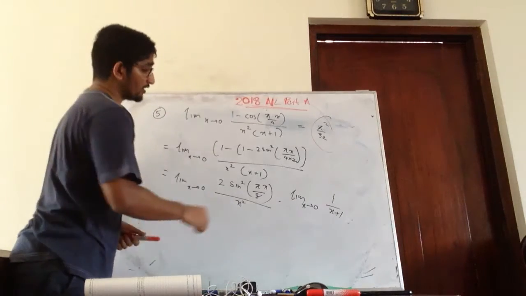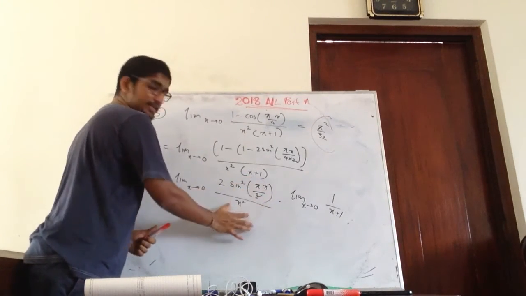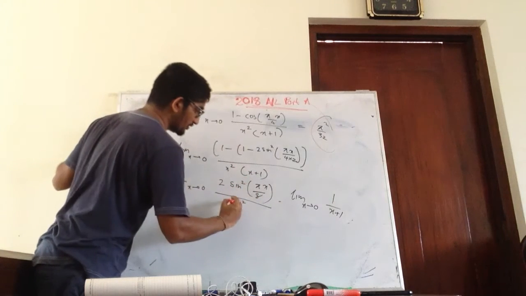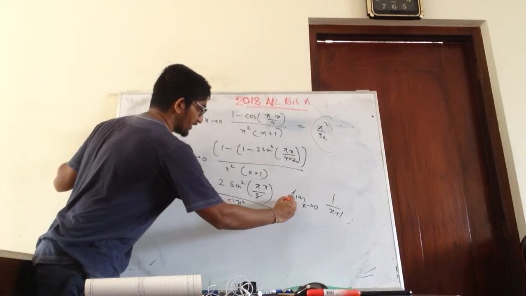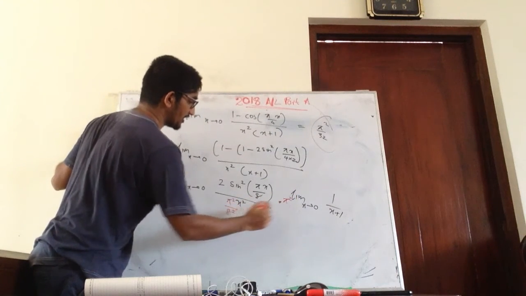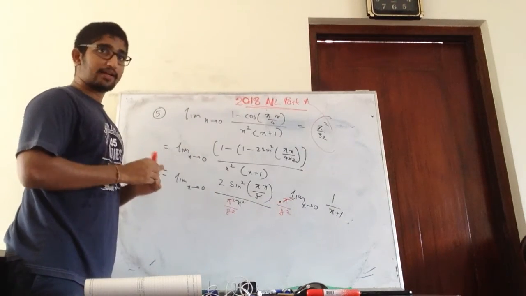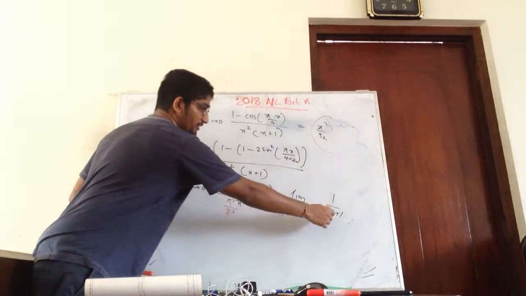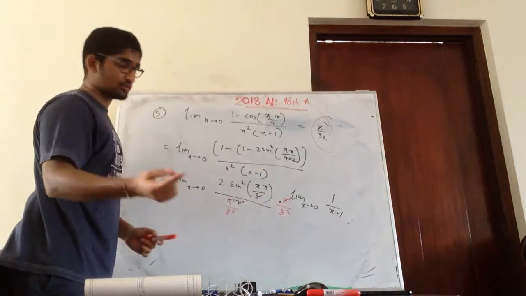So now here I need to make this thing here. What I'm going to do is put a 5 squared here, and because I put a 5 squared here, I need to put a 5 squared up here. Then I'm going to put a 2 squared here, then I have to put 2 squared up here. Right? If I put the limit here, it will become 0 plus 1, that means that's going to be 1.